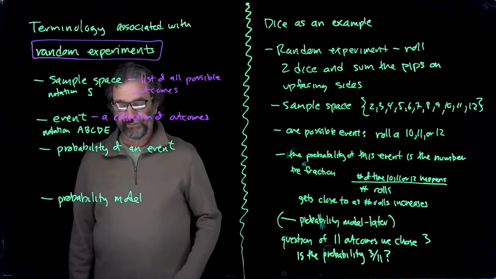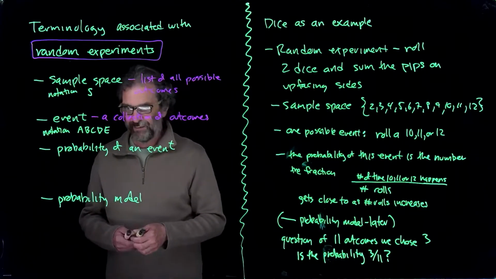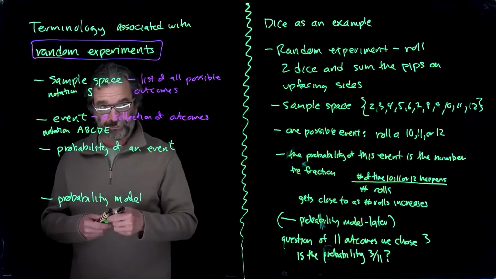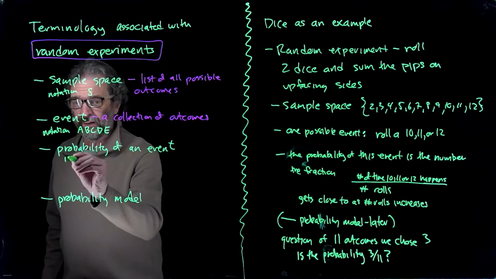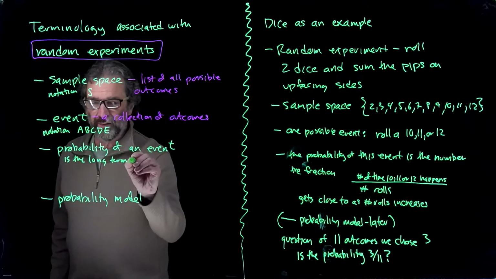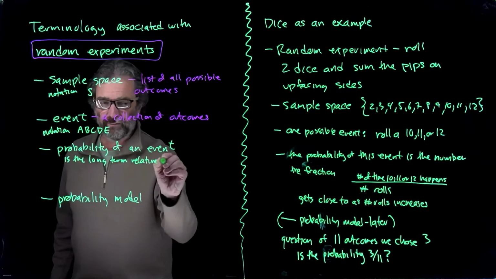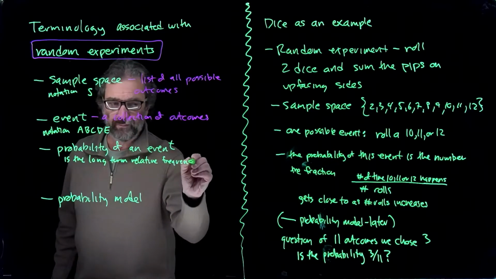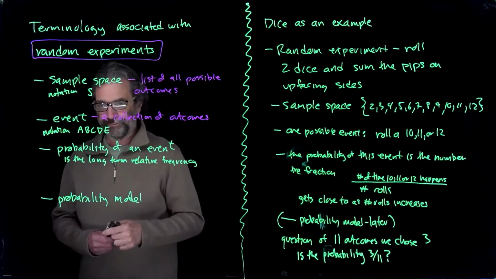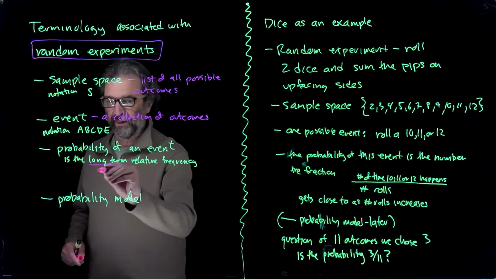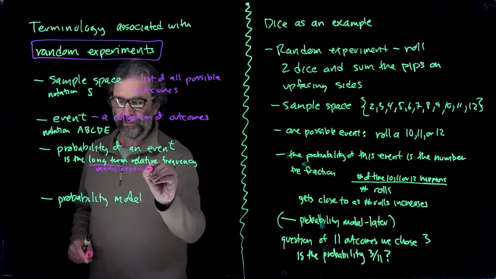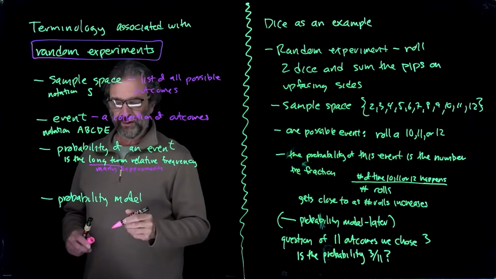And then the probability of an event. So I wanted to give it a name, but I guess we can get away without doing it. This is the long-term relative frequency. The long-term means many experiments, or many repetitions of the experiment.